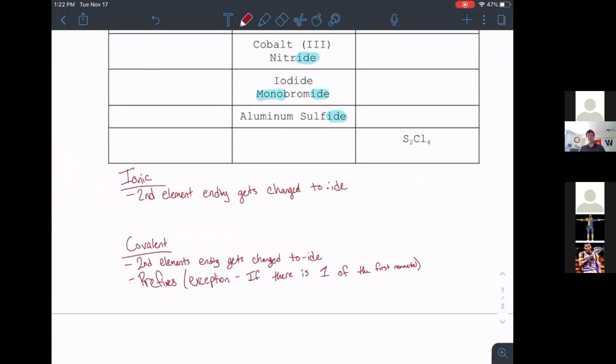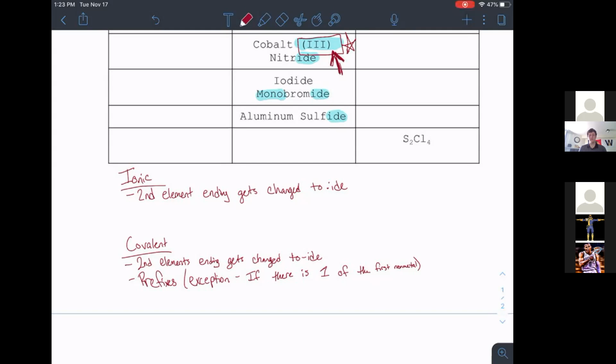Any other rules we got to remember? Roman numerals.